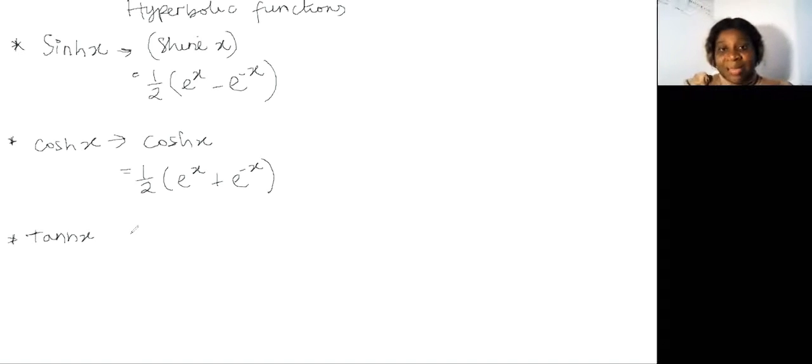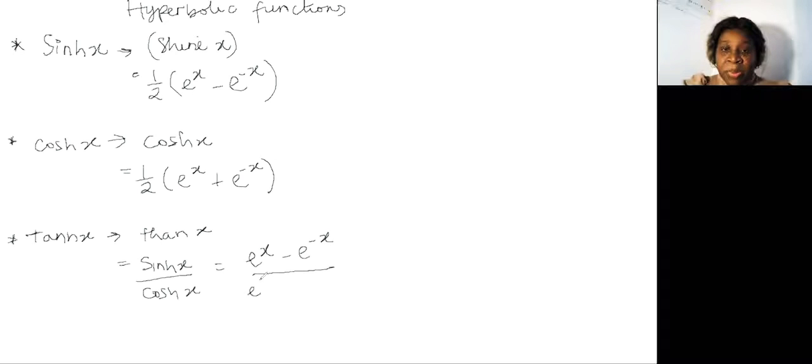People say tanh x. And that is equal to sinh x over cosh x, which is equal to e to the power of x minus e to the power of minus x over e to the power of x plus e to the power of minus x. So sinh over cosh.